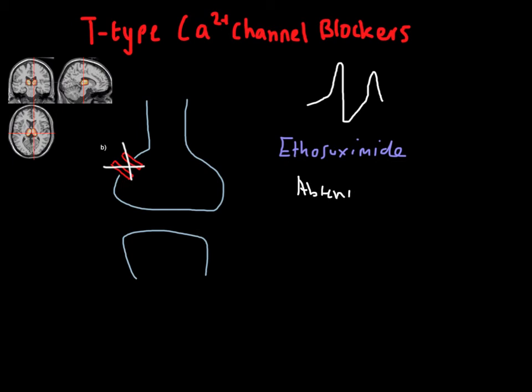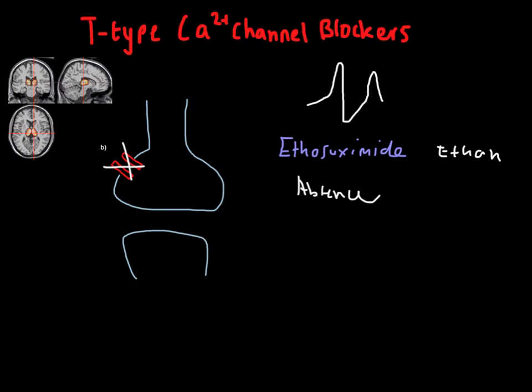And the way that I tend to remember this is that ethosuximide sounds a little bit like Ethan, and Ethan reminds me of someone who would be a little bit absent in class, so he's not really a sort of boy who would pay attention, and so that's how I remember that ethosuximide is used for absence seizures.